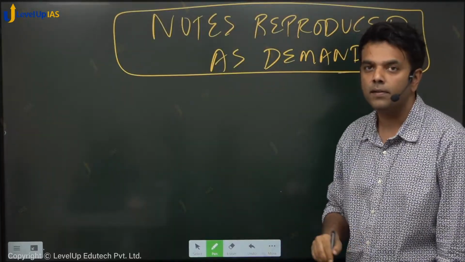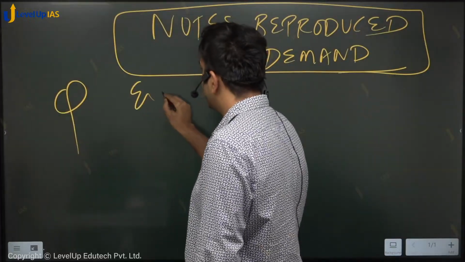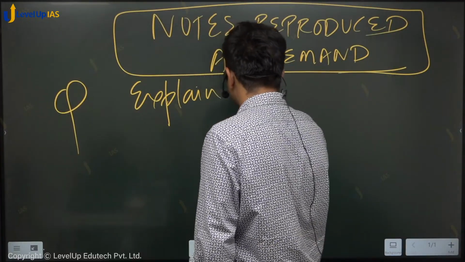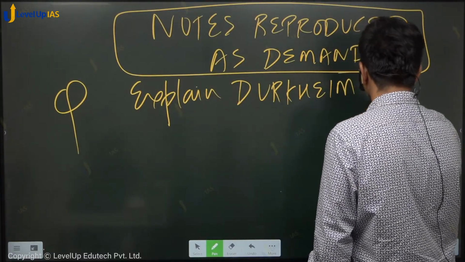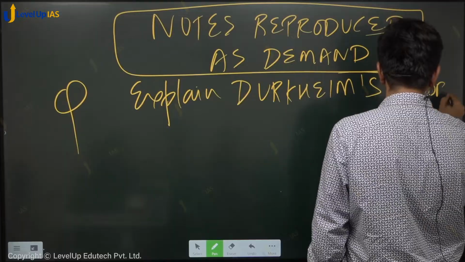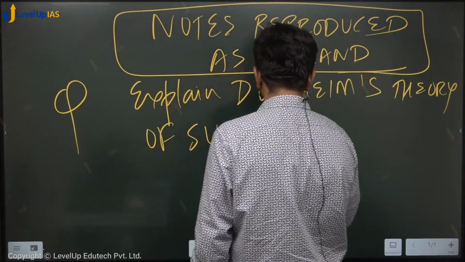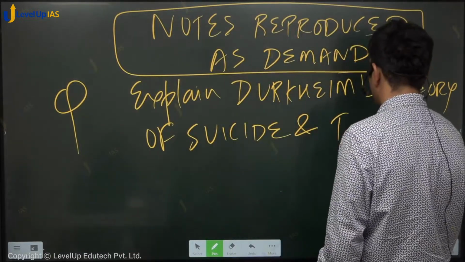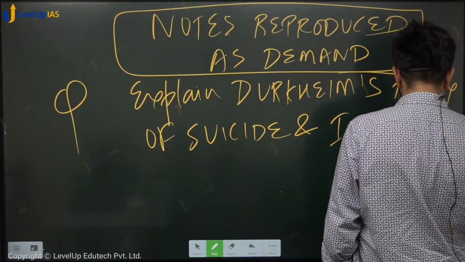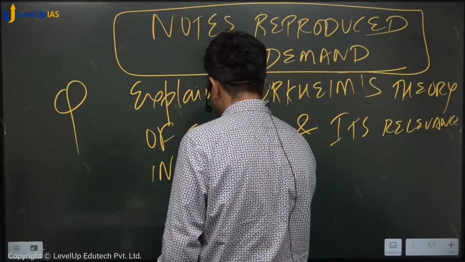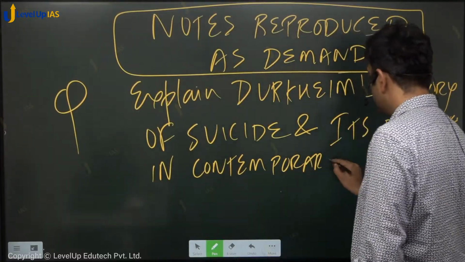What is the meaning of this? Check with this question. Explain Durkheim's theory of suicide and its relevance in contemporary society.